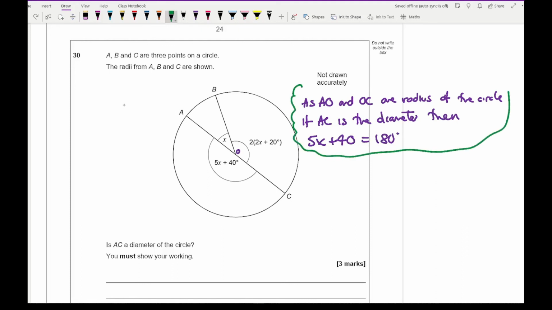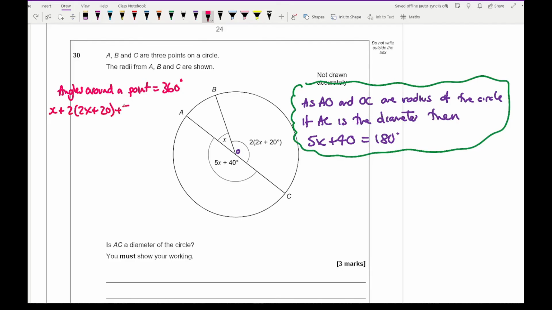Now in terms of this, the facts that I know is that all angles around a point add up to 360. So here we've got x plus 2x plus 20 plus 5x plus 40 should equal 360.